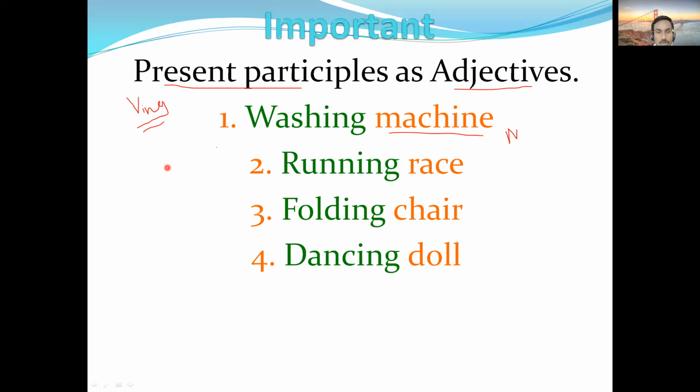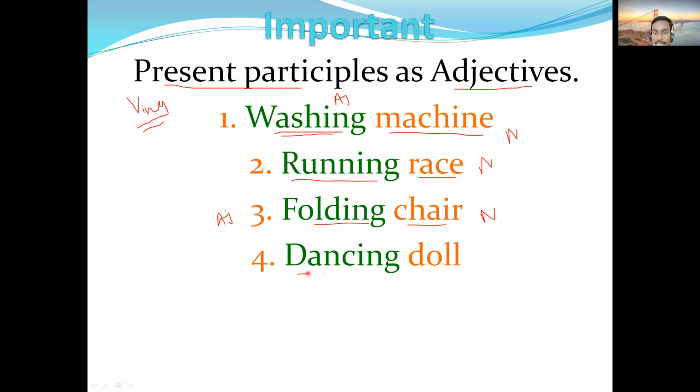Wash is a verb, washing is a present participle, that is the V-ing form, used here as an adjective. Running race. Race is a noun, run is a verb, running is a present participle used as an adjective. Folding chair. Chair is a noun, fold is a verb, folding is a present participle, used here as an adjective.